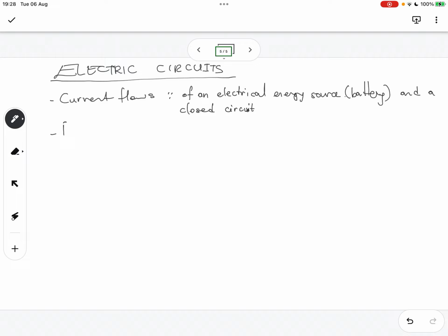Now, the direction of conventional current. In other words, conventional meaning everyone has agreed upon this convention.